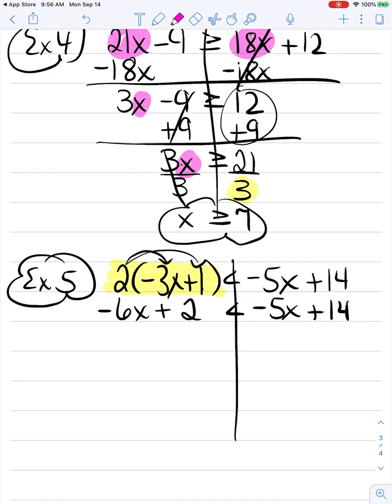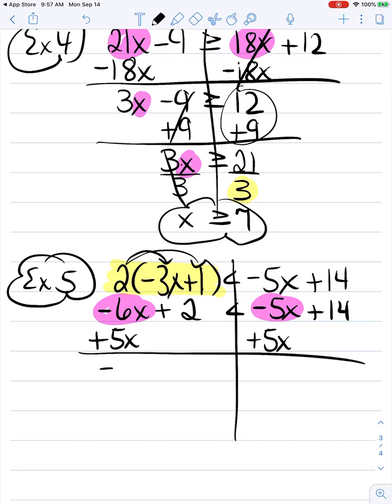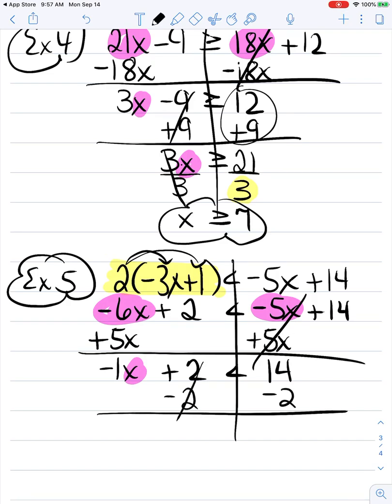However, I do, now that I'm going to isolate my variable, notice I have letters on both sides, or variables on both sides. So I'm going to add 5x to get all my letters on the left. So I'm left with negative 1x plus 2 is less than 14. Still going to work on isolating that variable, so I'm going to subtract 2 from both sides.